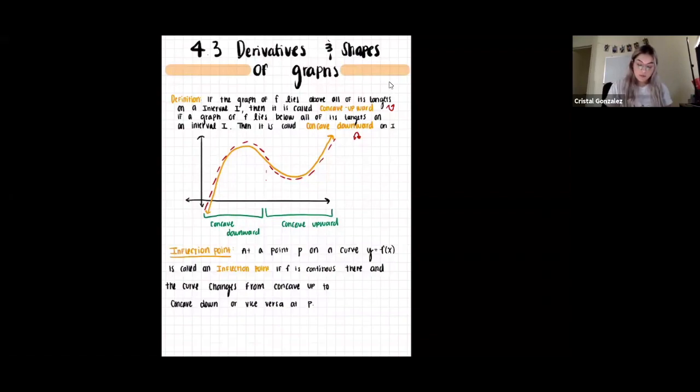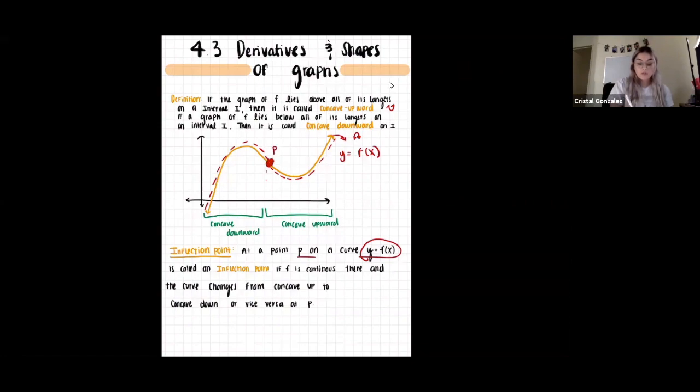So if we read the definition, it says it is a point P on a curve y equals f of x. In this random example of our function, here is y equals f of x. And the point that's considered an inflection point for us is this point right here.